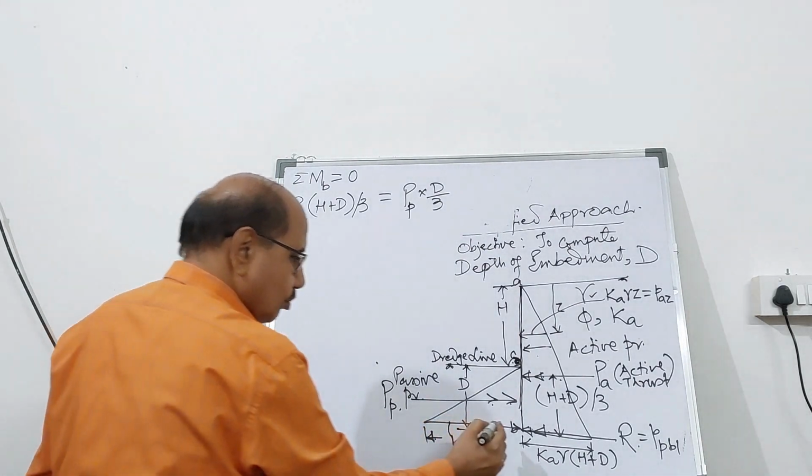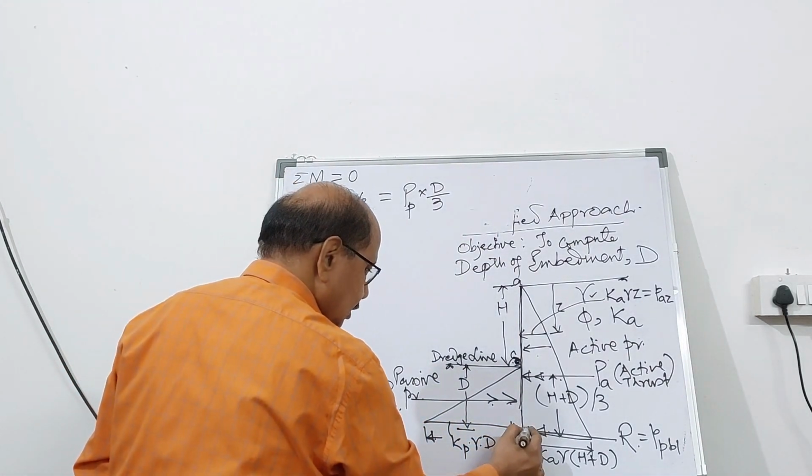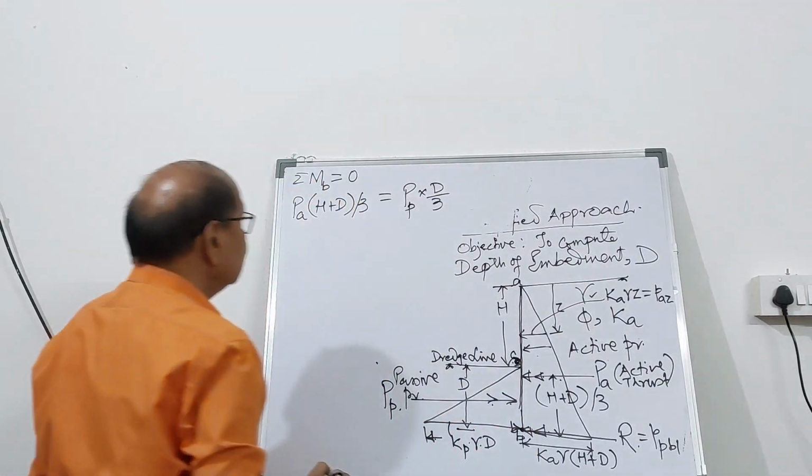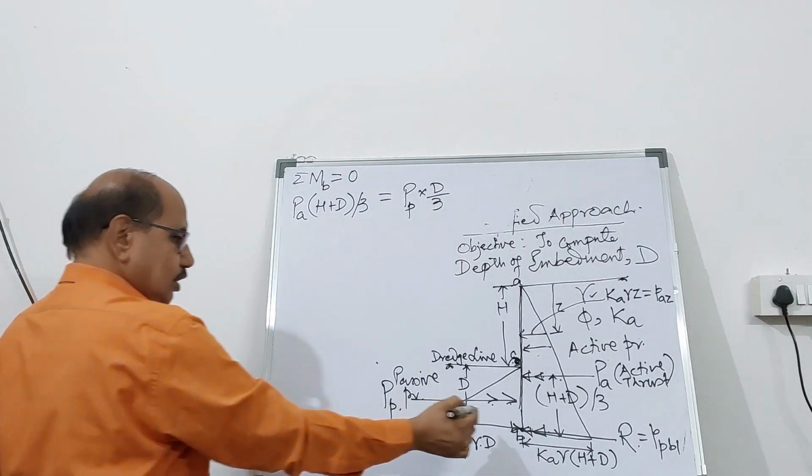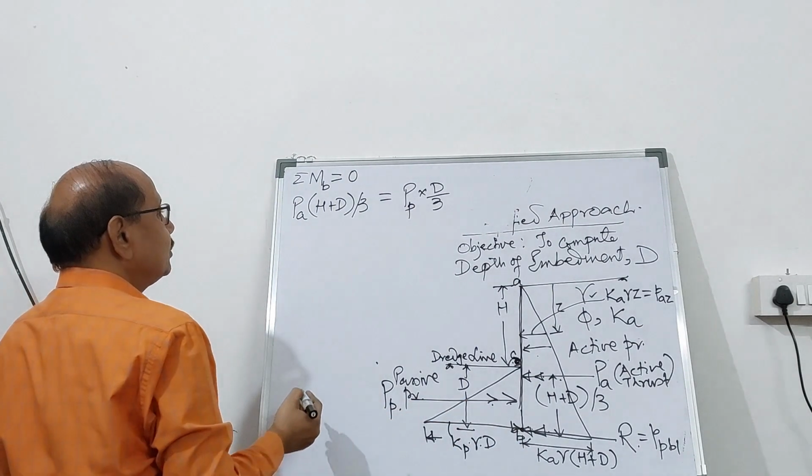So you can find out the moment sigma M about B. So about this point, find out the moment.